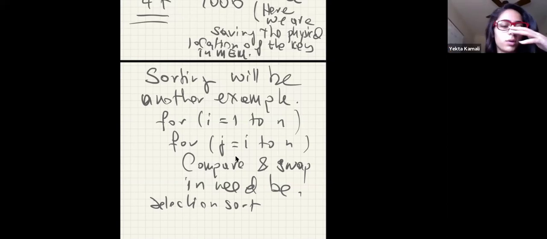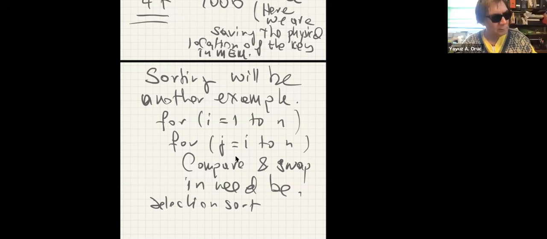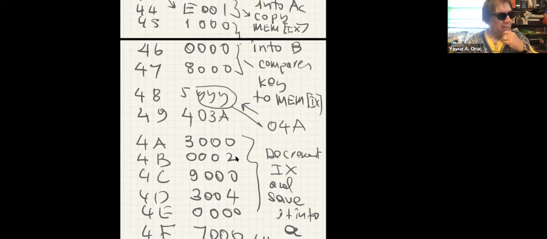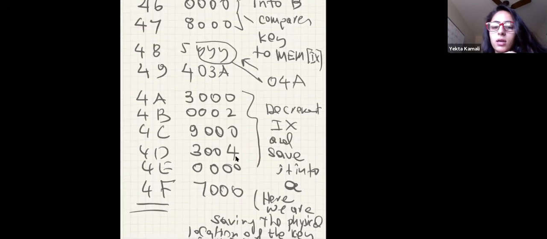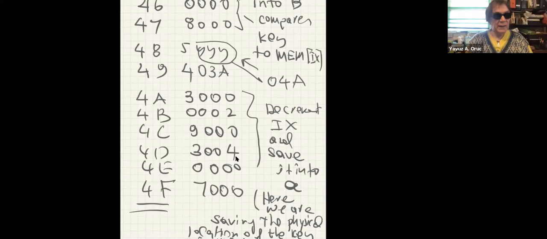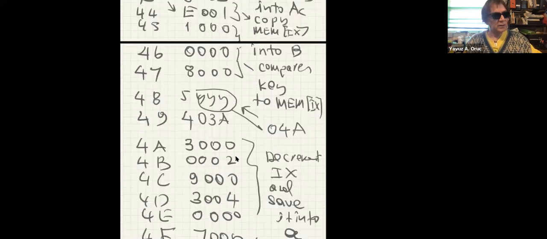Professor, can I ask a quick question? Yeah. Can you go up a little? You know how on locations 4A to 4E you said save it into A? Is that the register A? No, this is lowercase a, which I think we created to be location 4.